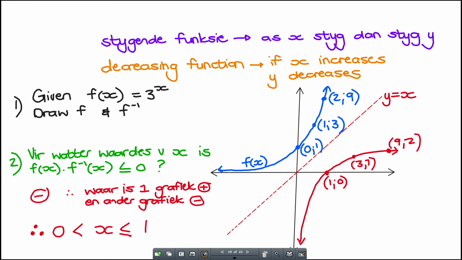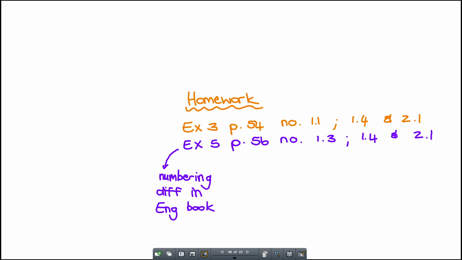Right, so you guys just draw your first log graph, and you see it's not so bad. Okay, so homework is exercise 3, there you only do 1.1, 1.4 and 2.1. So those 3. Then at exercise 5, the English people especially, just take out your books.